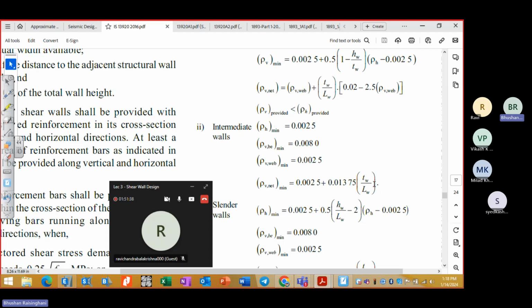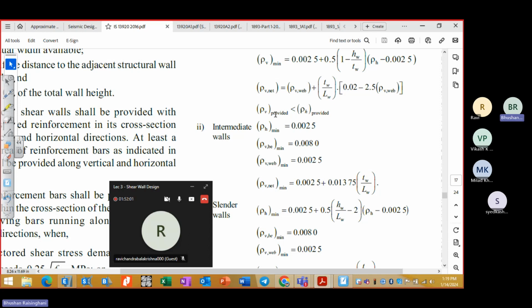So rho v net has to be as per the gross area, which will be more than 0.25%, because thickness and length cannot be 0. Here also, if your rho vertical web reinforcement is given, then it will definitely be more than 0.25%, because minimum is required.